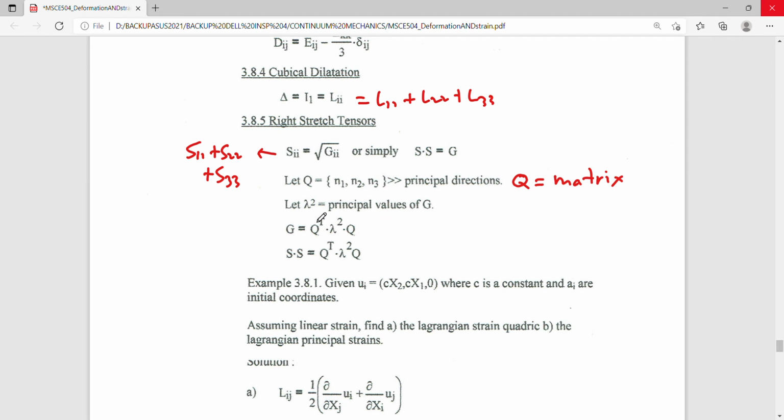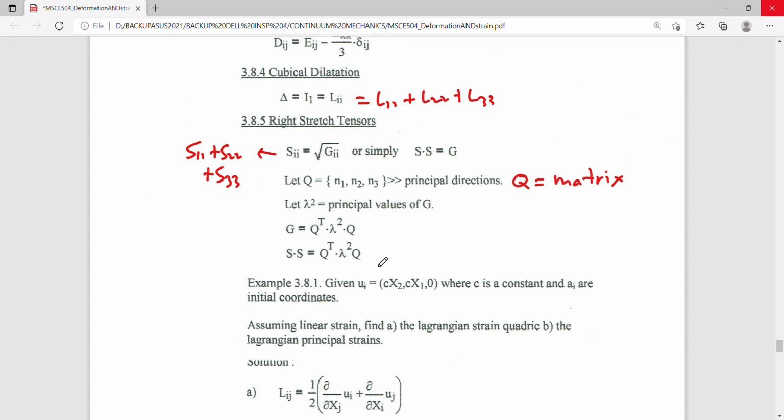And if we let lambda squared be the principal values of G, okay, obtained by using again the principles, the steps, the procedure we have done in the analysis of stress, then we can come up with G as the product, no, of your Q transpose, lambda squared, times Q. Taking note that if we equate now your S, a square root of G, after solving G, we just take the square root of this, we can now solve for the right stretch or the Green description of your stretch.